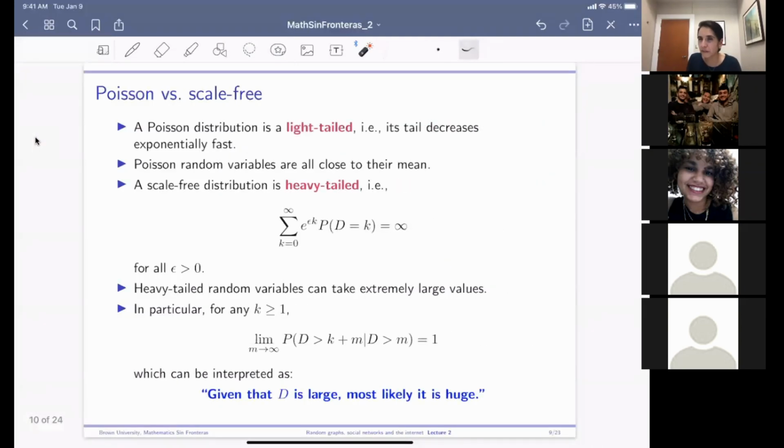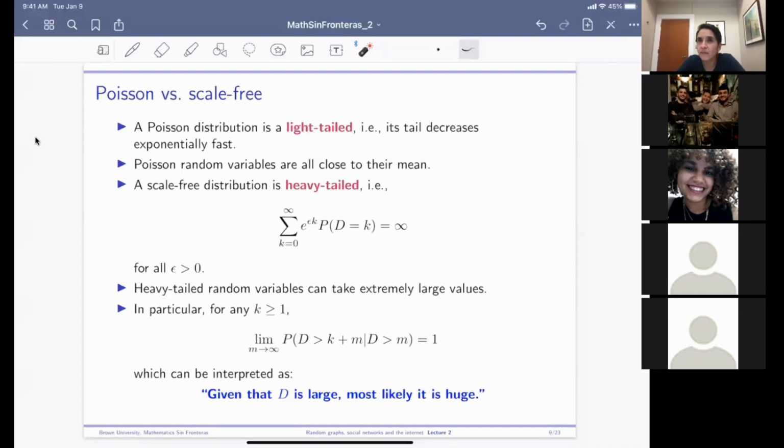Let me now explain a little bit why this matters. A distribution like the Poisson is something we call a light tail distribution. Mathematically, being a light tail distribution means that you have tails that decrease exponentially fast. That's an easy way to think about it.